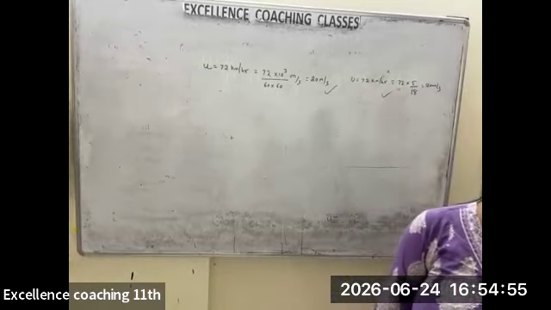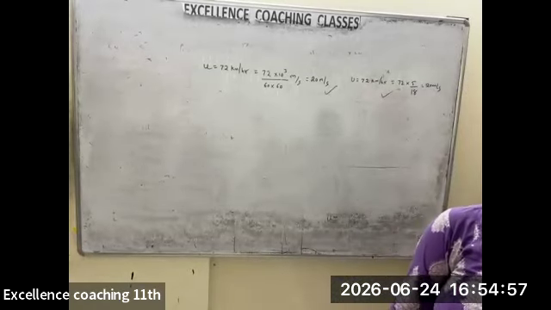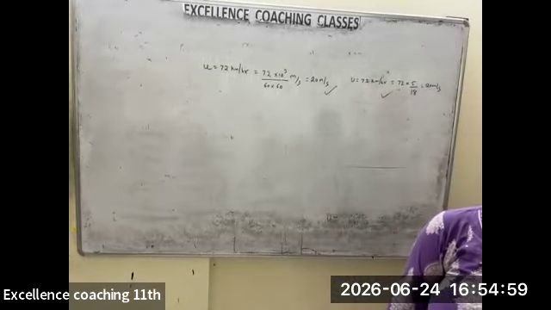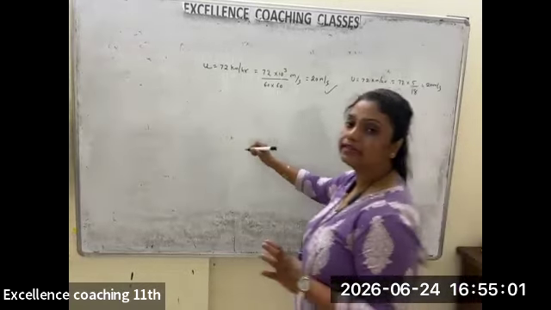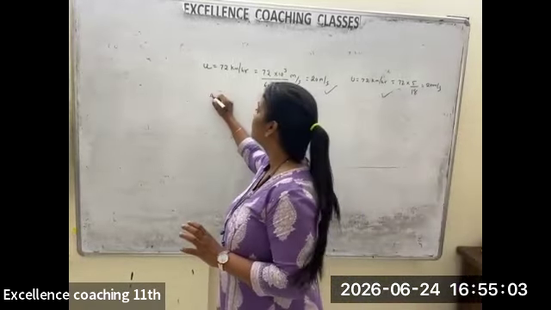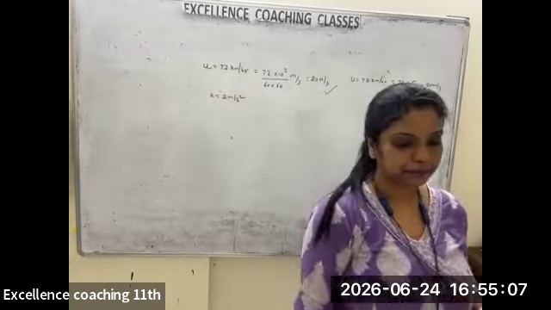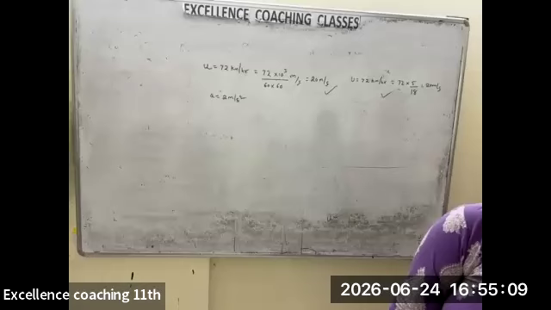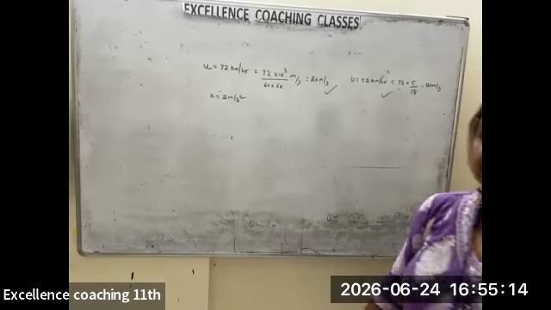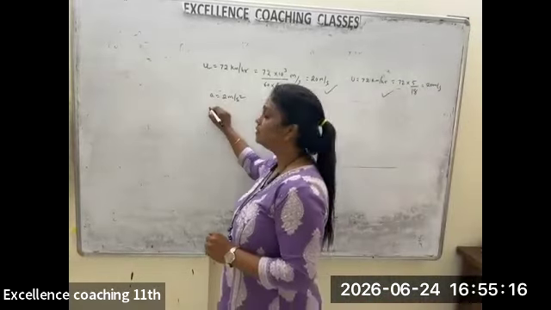What is given? A car has an initial velocity of 72 kilometer per hour. It is accelerated at 2 meter per second squared. So what is the second thing given to you? Acceleration is given as 2 meter per second squared. Calculate the final velocity and distance traveled by the car after 3 seconds. So what is asked?